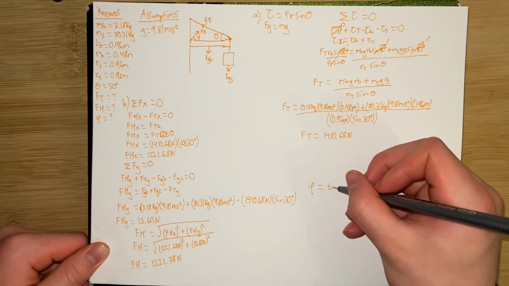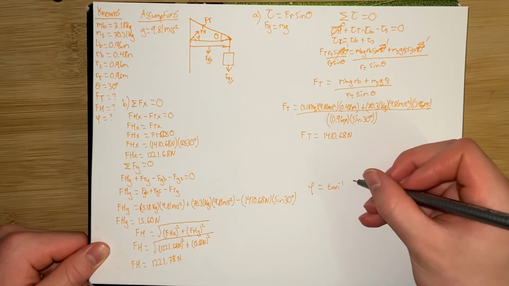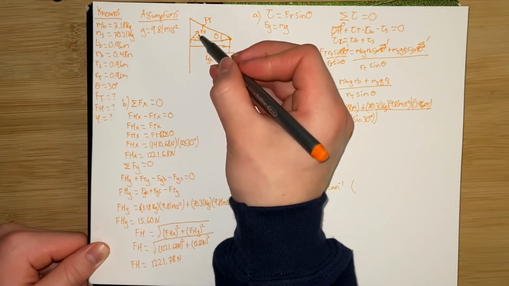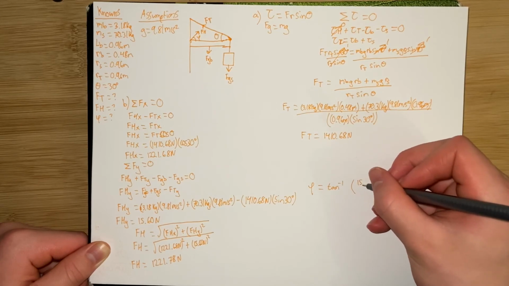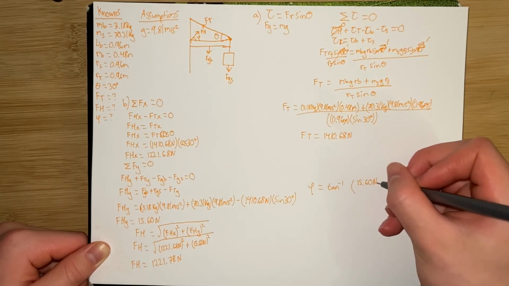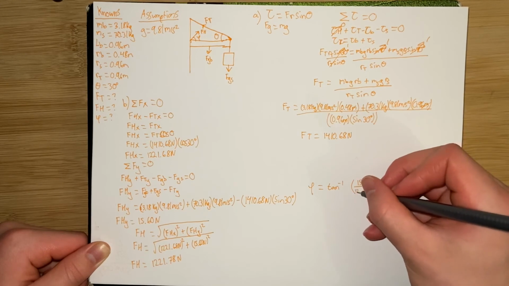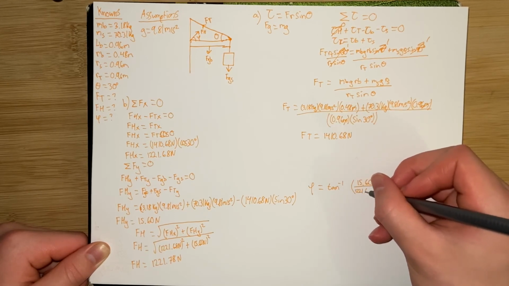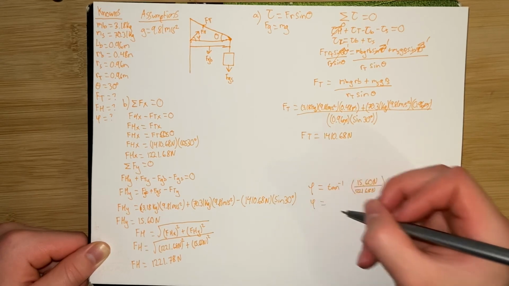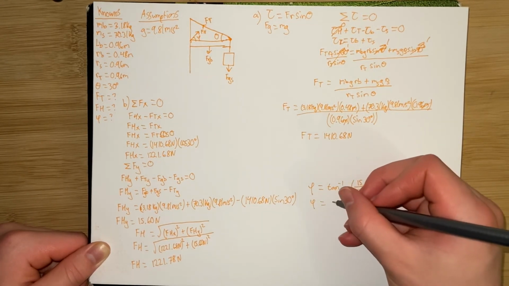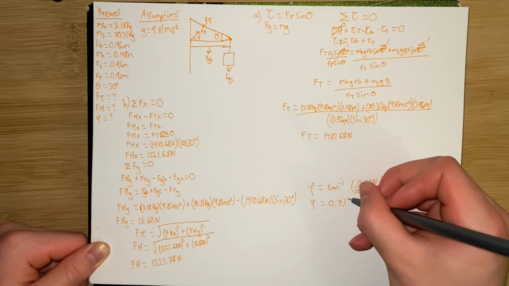So tan to the -1, and then opposite, which in this case is the y direction. So we have 15.60 newtons divided by 1,221.68 newtons, and that to the -1 is going to be equal to 0.73 degrees.